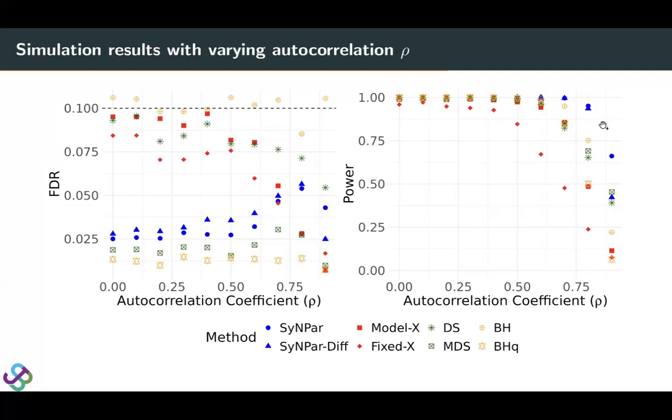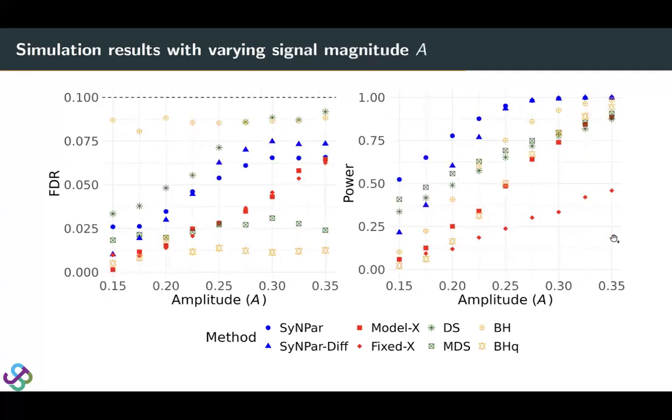So the default is to use SyNPar. The power gain comes with FDR that slightly increases but is still under the target. If you compare to knockoff, it has higher FDR when there's little correlation, but low FDR when there's a lot of correlation, and its power also goes down.